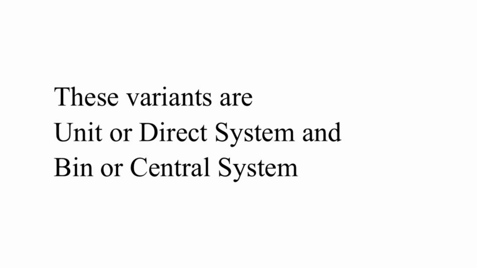Pulverized coal firing system has 2 variants. These variants are unit or direct system and bin or central system. The unit or direct system has individual scales and pulverizers for each burner.